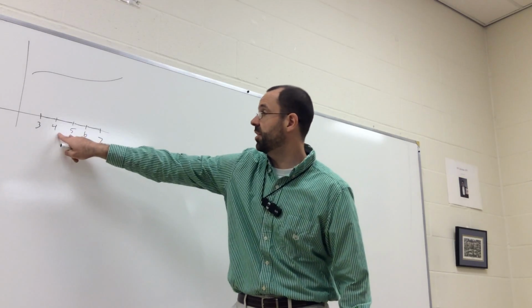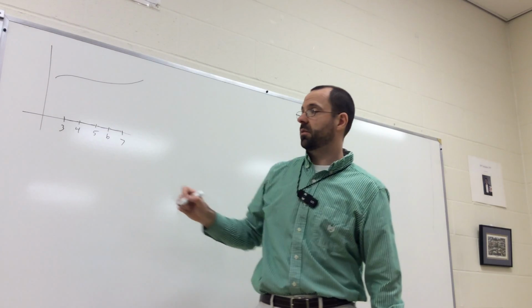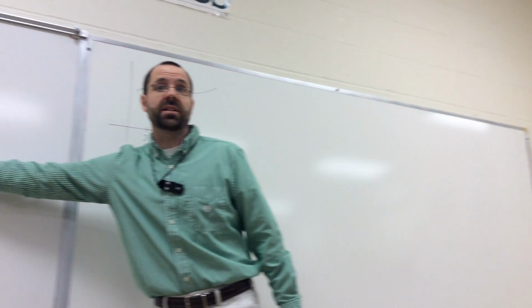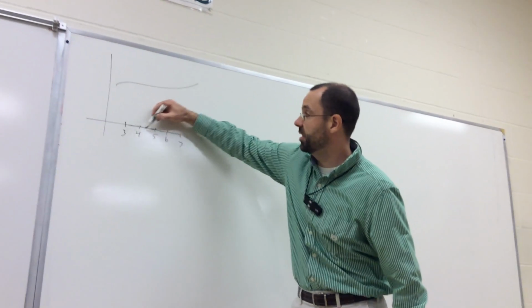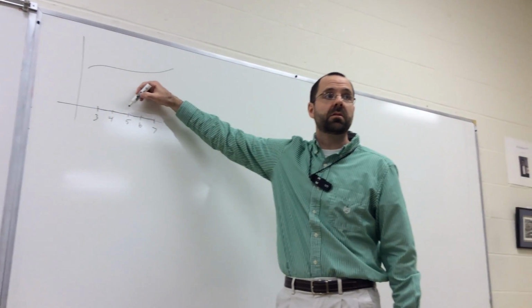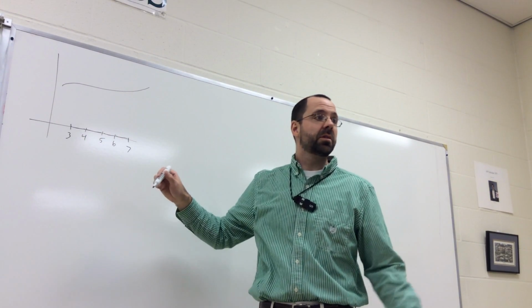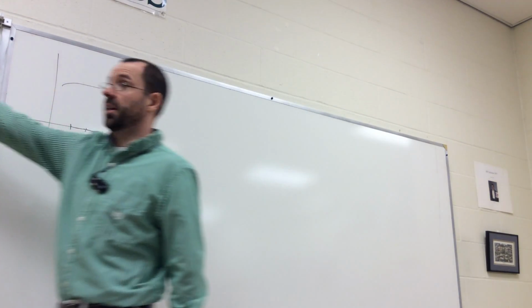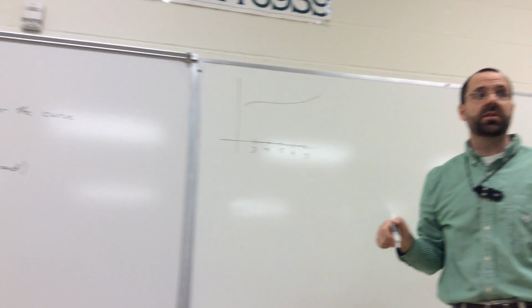Okay, so I'm going to start with the one that goes from 4 to 5. We're asked to do right-hand rectangles. So how can I find the height of this rectangle? Yeah, put the 5 into this, right? The height of the function is the y value of the function.